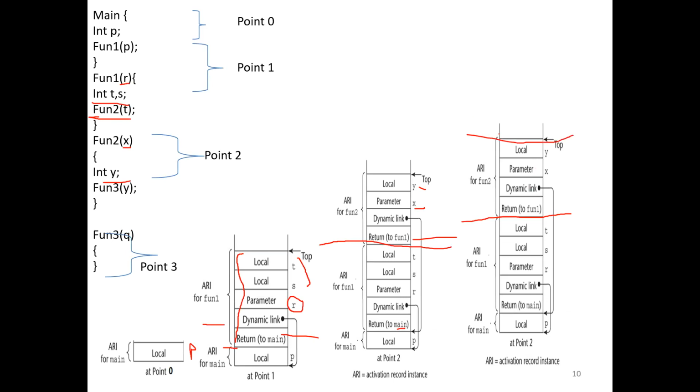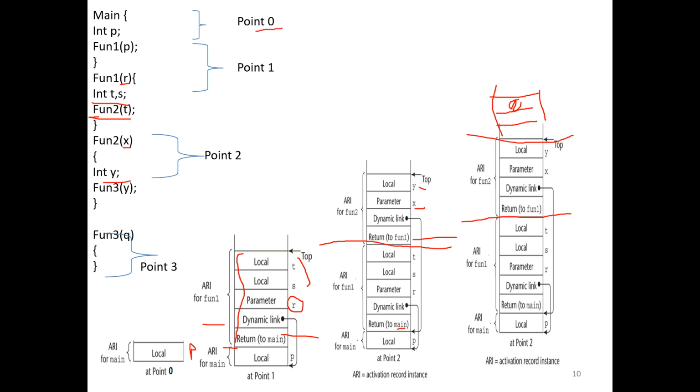One more record is created here: return address, dynamic link, and the parameter, that is q, only this much, because there is no local variable. This is the last activation record, created at point 3.